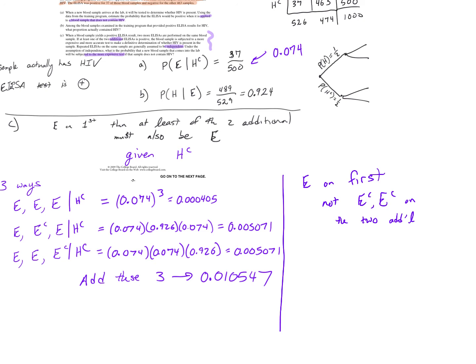Additional is my abbreviation for additional tests. And so what this is going to be is a probability, and this is all given the sample does not actually have HIV. This is going to be 0.074, the probability of getting a positive on the first one, multiplied by the complement of getting a negative on each of the next two: 1 minus 0.926 squared.